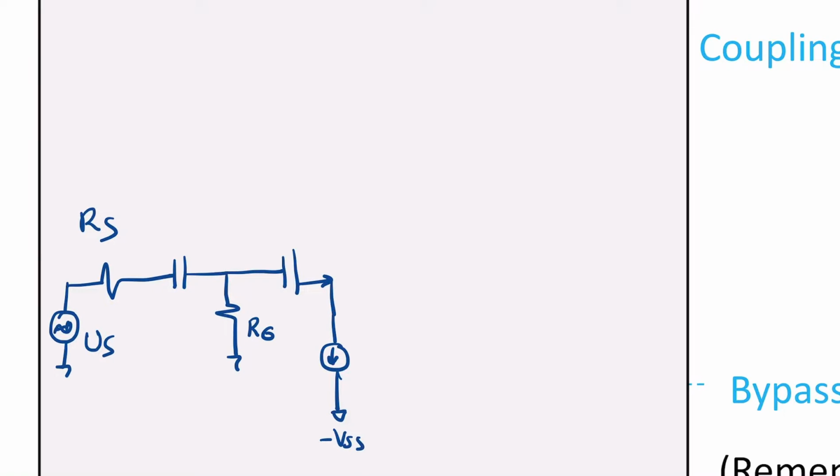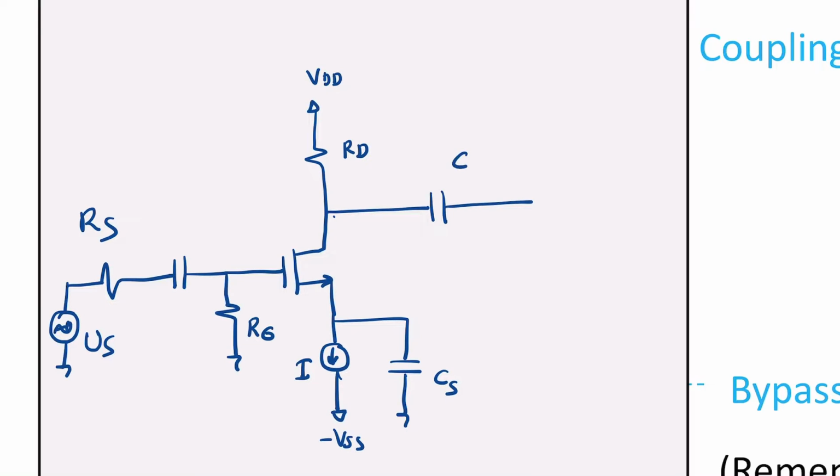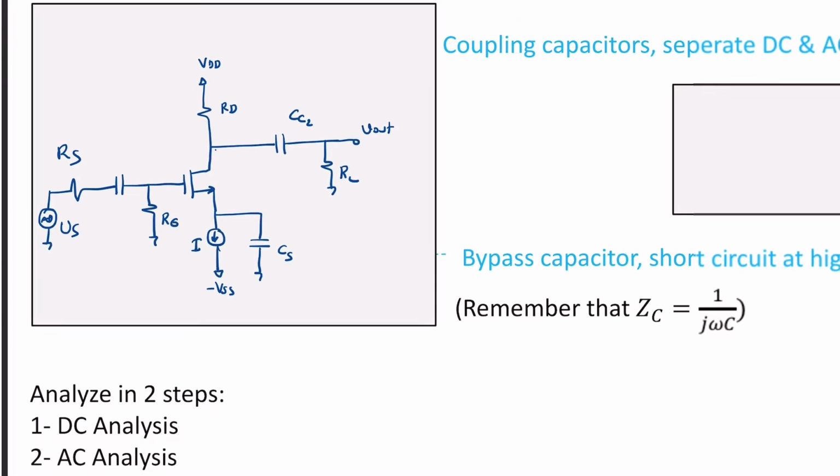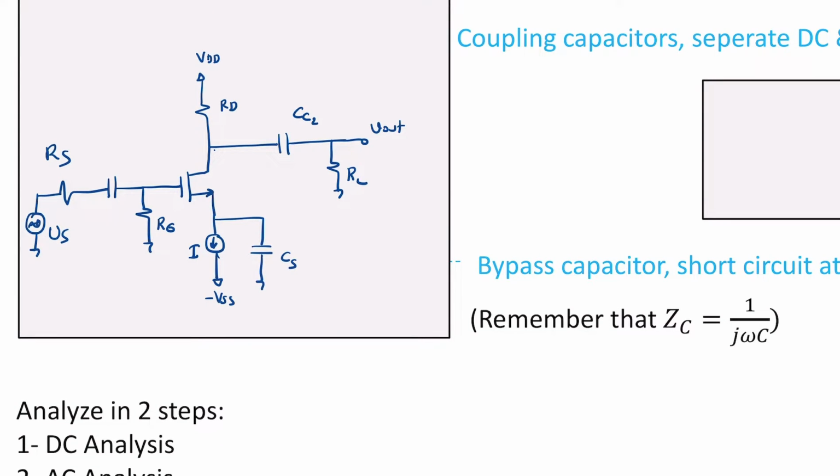Negative voltage supply. Another capacitor in here, CS. DC current source for biasing. VDD, RD, CC2, the load resistance, RL, and Vout. So this is a typical schematic for a common source amplifier.